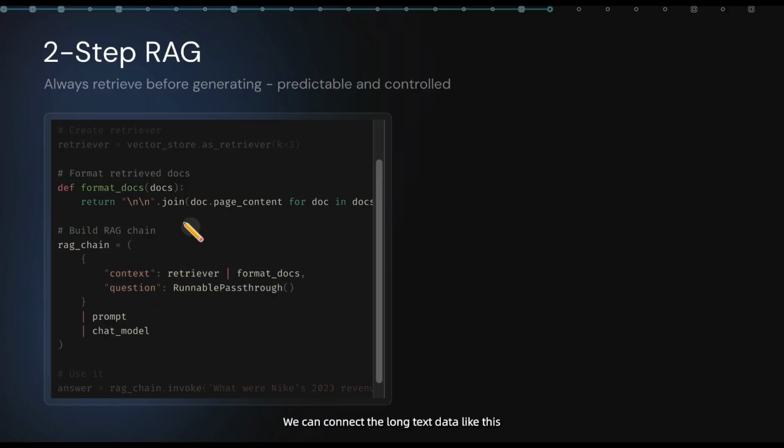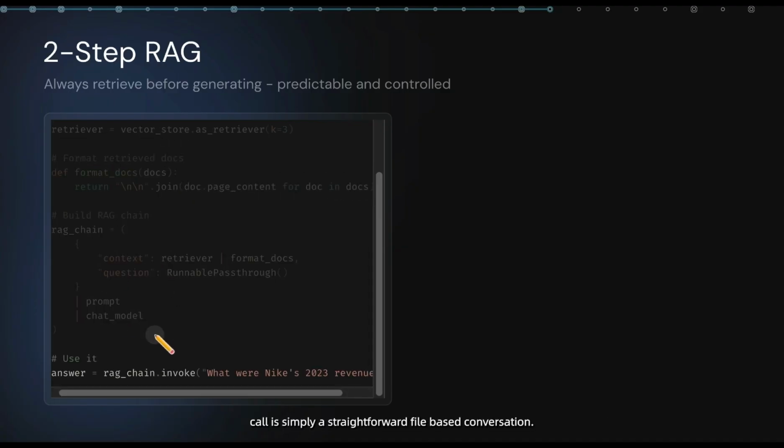We use it as context, combined with the user's question, which forms a complete input that gets filled into the prompt template. Of course, this template may also include the system prompt and some other examples as we discussed before. Finally, we pass this complete content to our conversational model and then it can execute. The final call is simply a straightforward conversation.